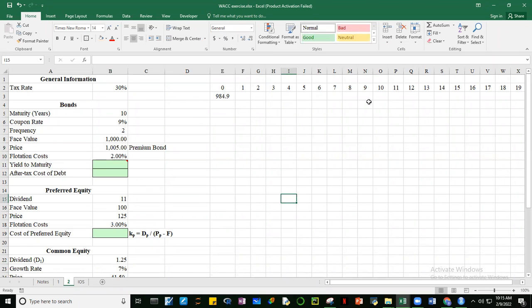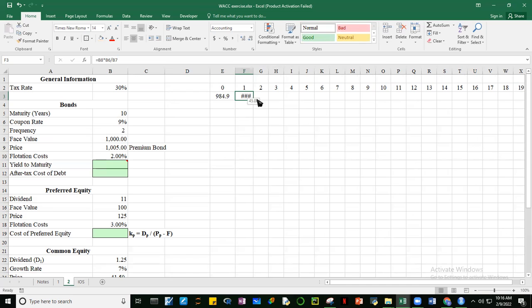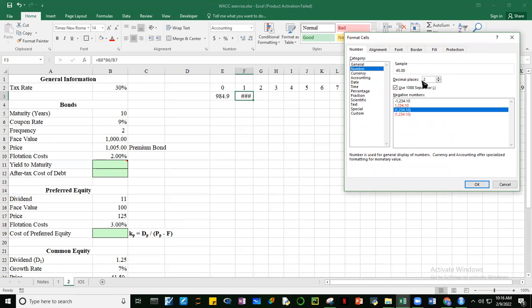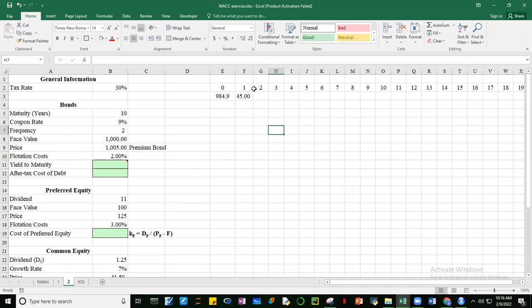Okay, so ano yung mga babayaran natin? So this is inflow, ano yung mga outflow natin? So it's equal to, yung interest natin is the face value, okay, times coupon rate of 9%, then divided by 2. Divide by 2. Bakit? Kasi every 6 months, no? All right, tapos dapat negative, no?